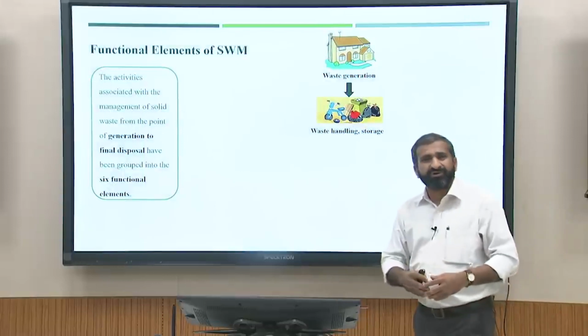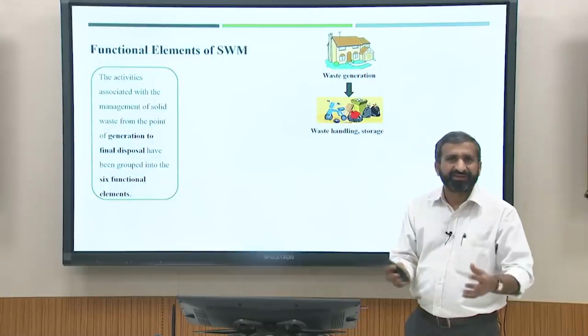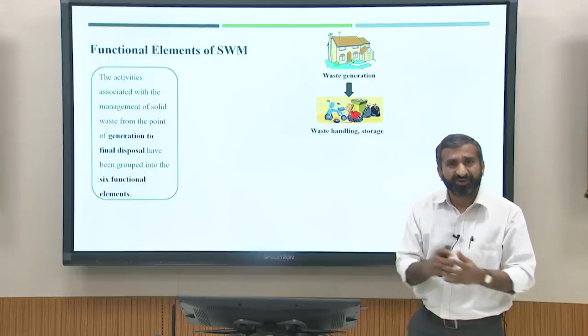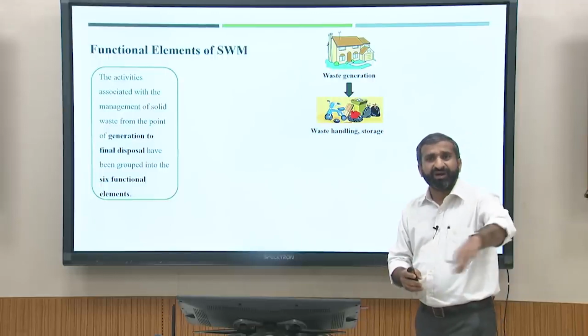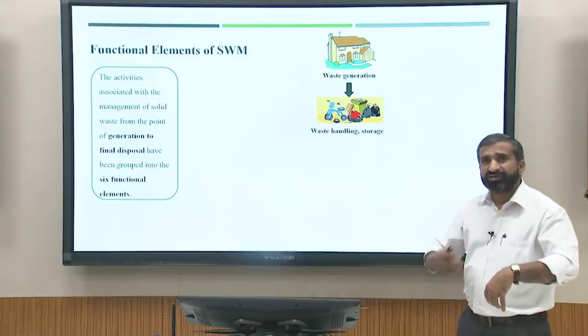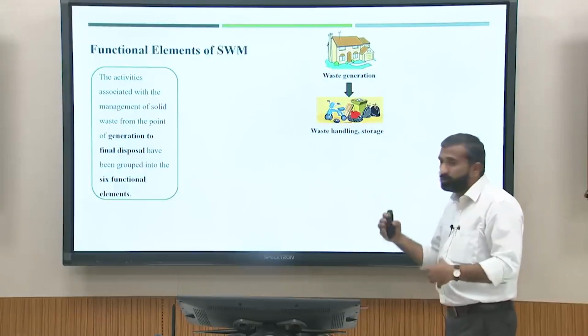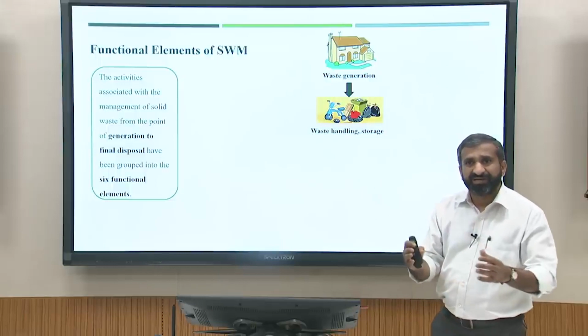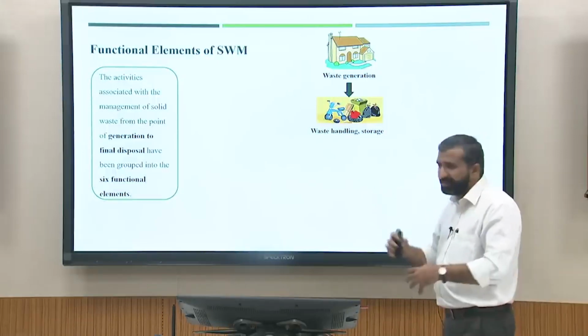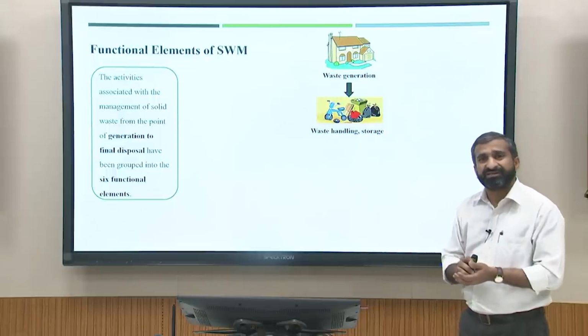Normally in India, there are a number of dustbins located by the local authorities, ULBs or corporations, very near your house, where households dispose the waste into those storage areas. Technically, we call this on-site storage of solid waste.